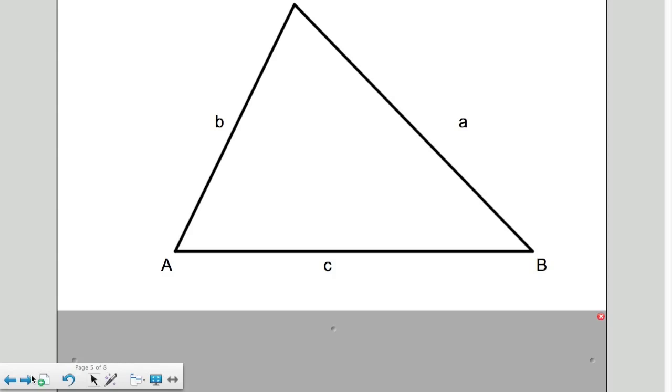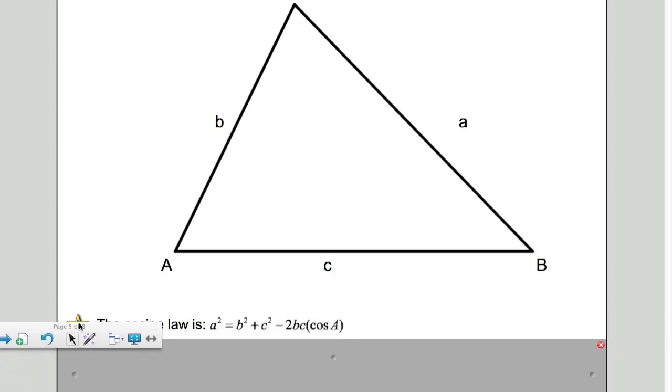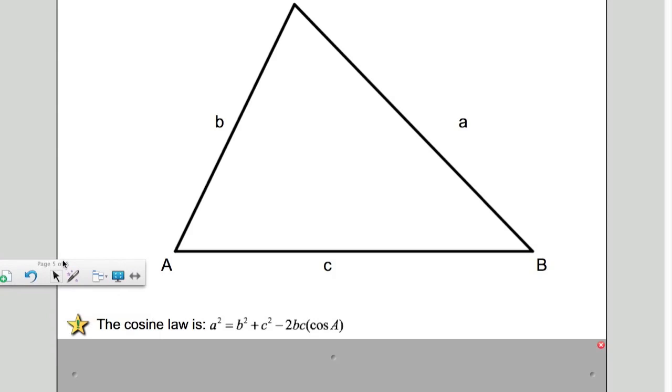So it's just a triangle with standard labeling now: A, B, C, all uppercase on the vertices, lowercase a, b, c for the side lengths. So we call this the cosine law. The cosine law is a squared is equal to b squared plus c squared minus 2 times b times c times the cos of A.